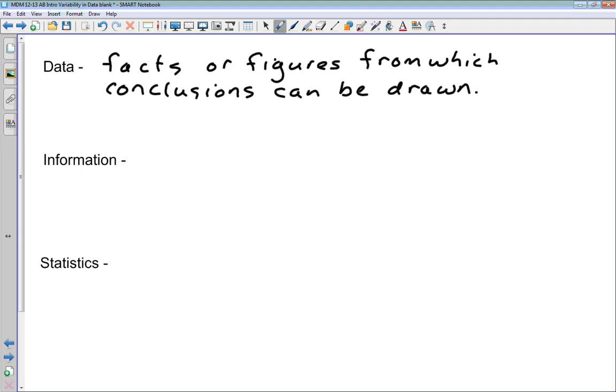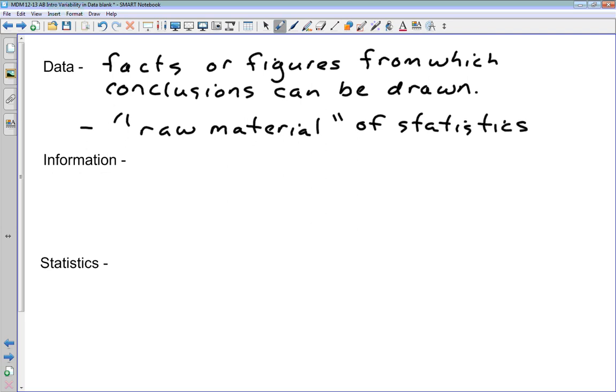One way of thinking about data is that it's the raw material of statistics. It's a list of numbers, or a set of numbers, or a series of responses, that has some important stuff lurking in there. We've got to do something to it to get those conclusions out of there.